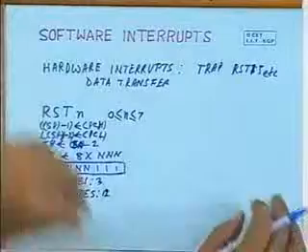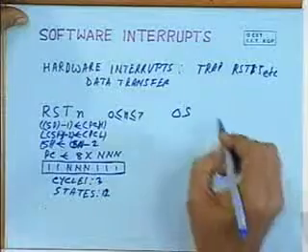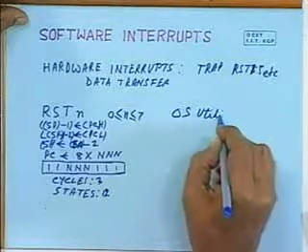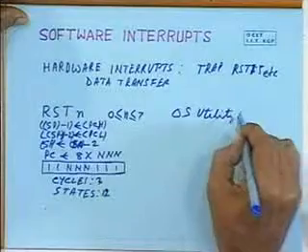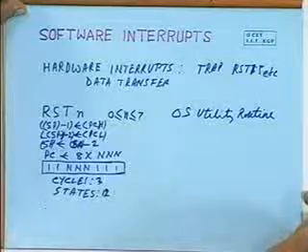Now, where are these software interrupts used? Whenever a software interrupt occurs, the processor status, that is the program counter value, is stored in the stack. Then it jumps to a fixed location. That location is usually the address of an OS utility routine.